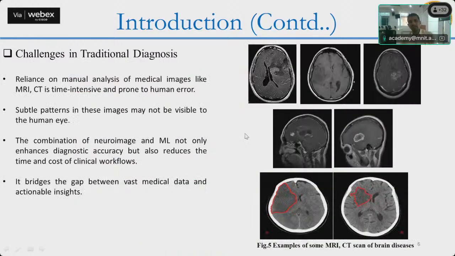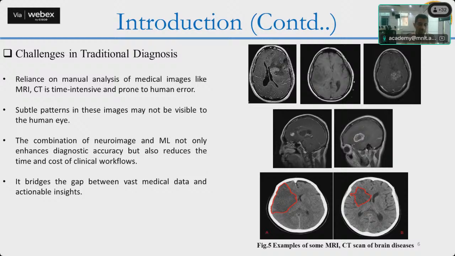What are the challenges in traditional diagnosis? The reliance on manual analysis of medical images like MRI and CT is time intensive and prone to human error. Subtle patterns in these images may not be visible to the human eye.